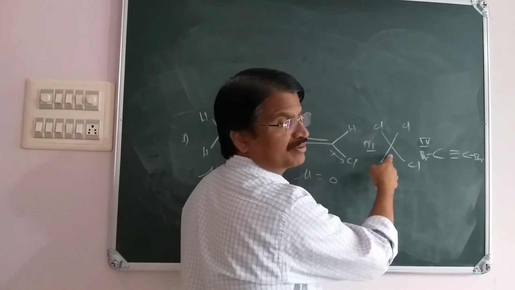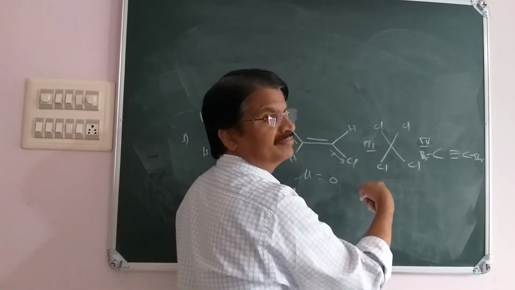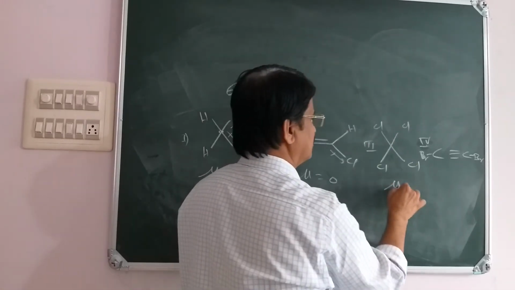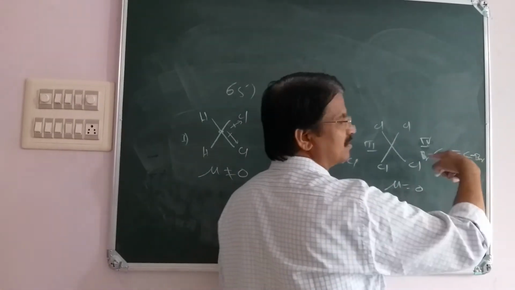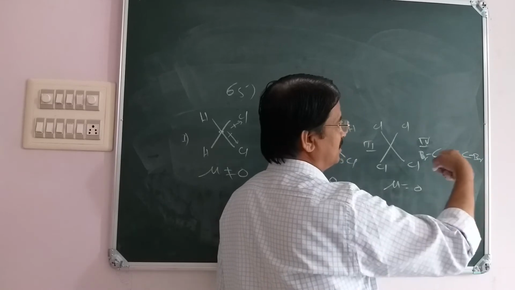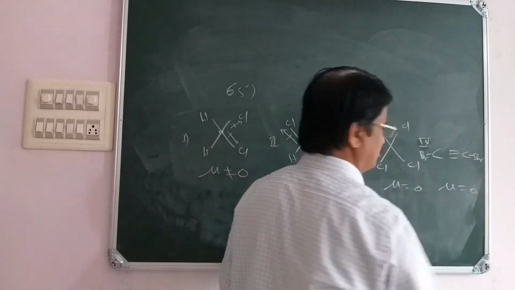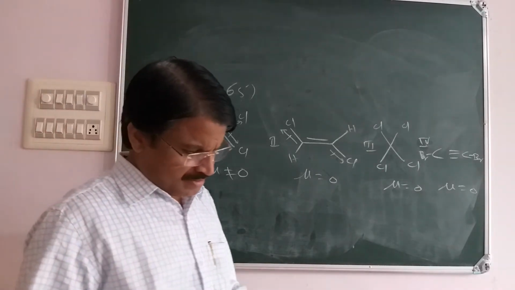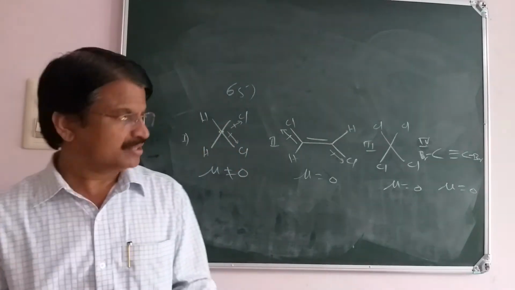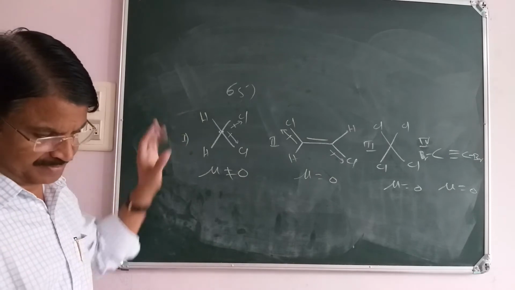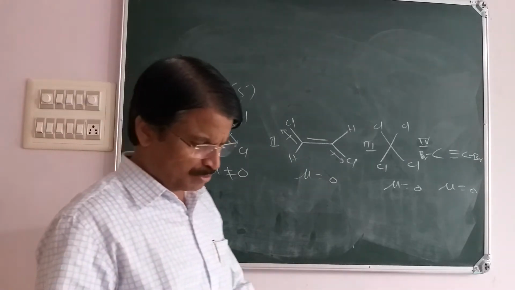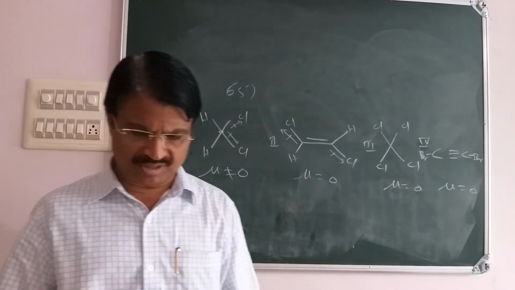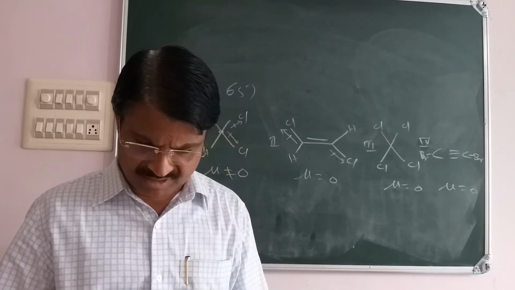Then CCl4 is opposite and symmetrical, so 0. Linear and opposite C-Br, mu value 0. Therefore, the answer is 1 only, meaning this structure. This is correct. Okay.